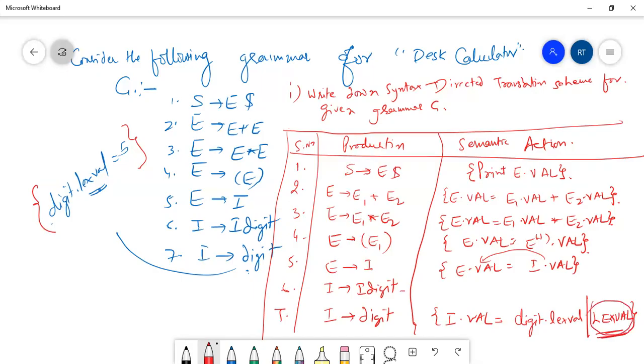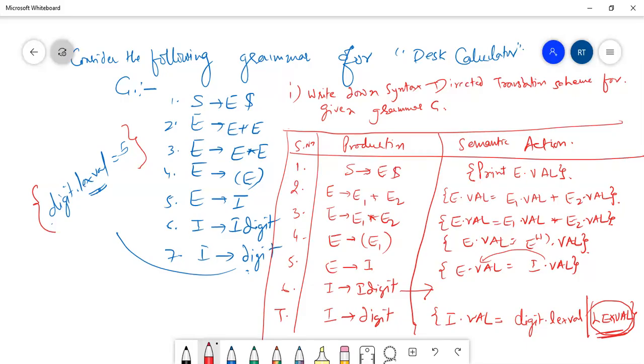Now, can you write the semantic action for this? I'm building a syntax directed translation scheme for the given grammar G, having 7 production rules. Can you write the semantic action associated with the 6th production rule, that is I tends to I followed by digit?